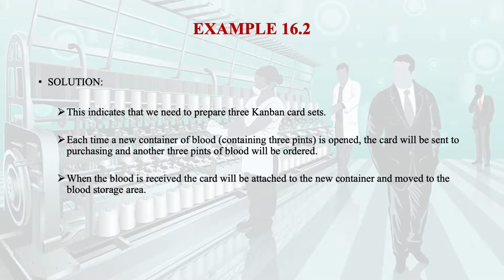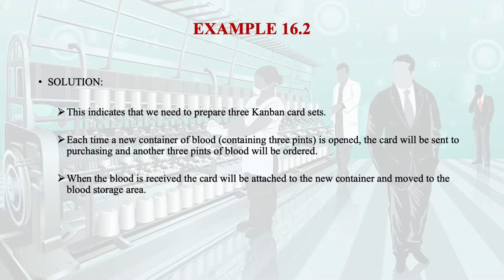This indicates that we need to prepare 3 Kanban card sets. Each time a new container of blood containing 6 pints is opened, the card will be sent to purchasing and another 6 pints of blood will be ordered. When the blood is received, the card will be attached to the new container and moved to the blood storage area.